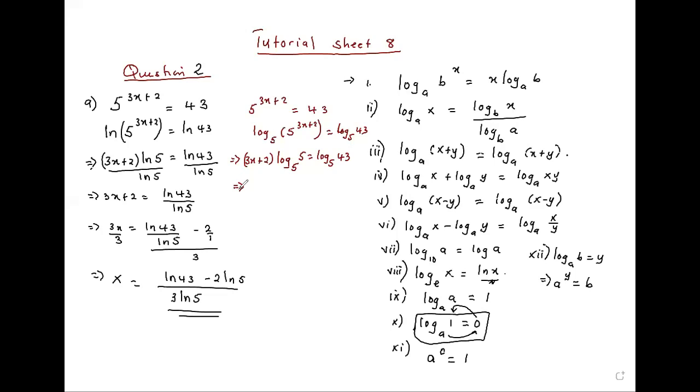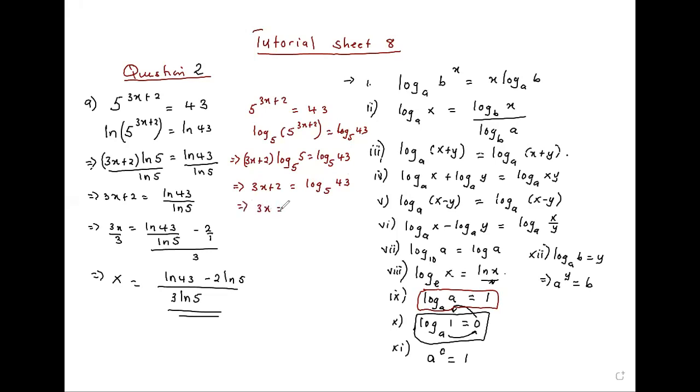But log 5 of 5, from this property, you can see that it's coming out to be 1. So you say 3x plus 2 is equal to log 5 43, and then take the other number to that side.